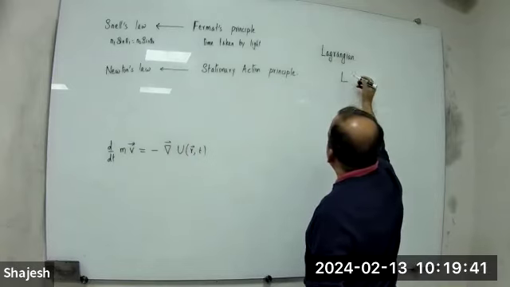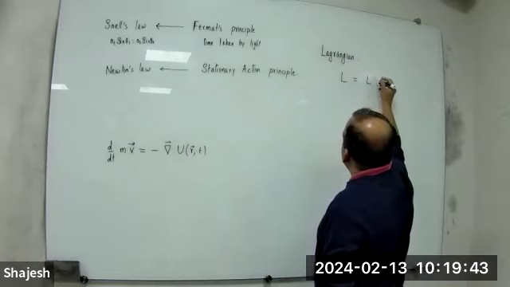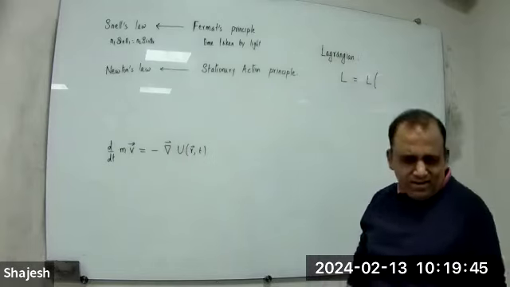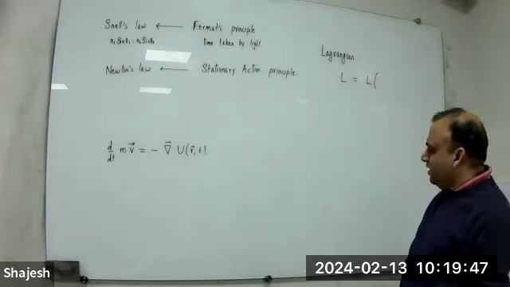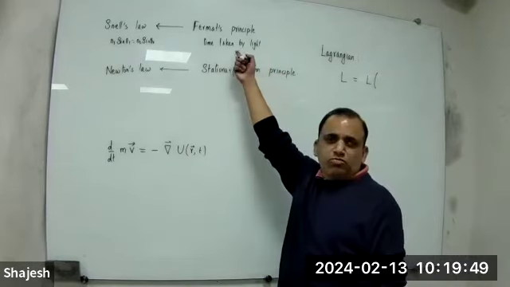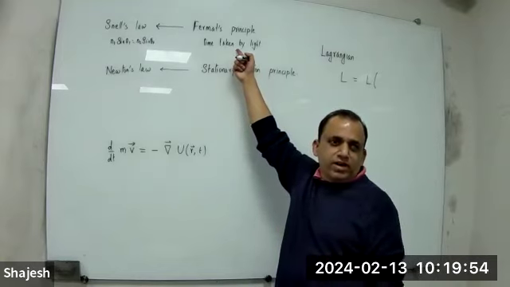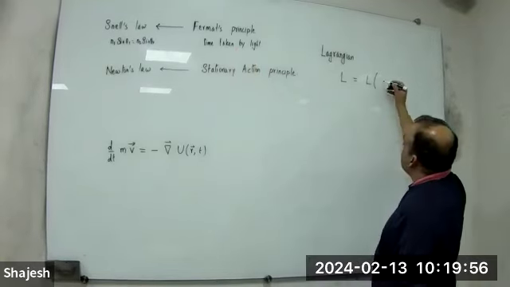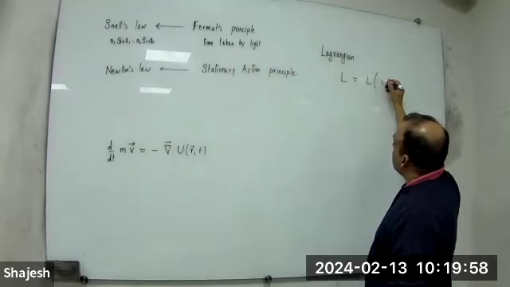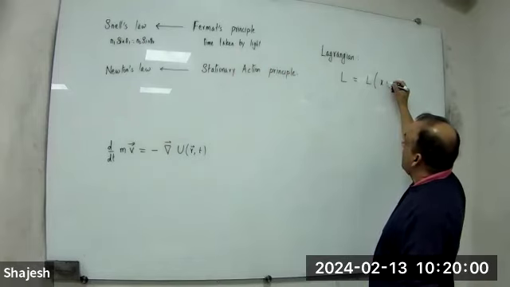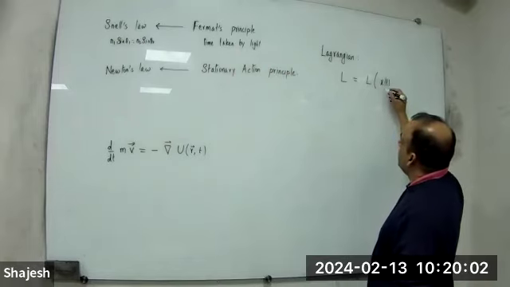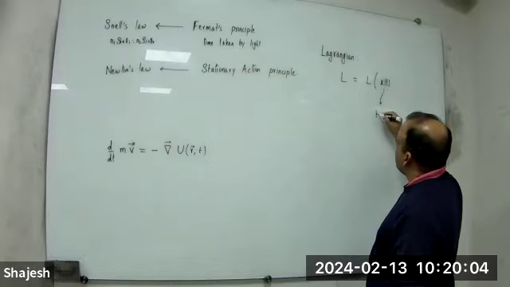Like earlier, remember in Fermat's theorem, there was position, then there was the derivative of position, and we integrated some quantity. Here, there will be a trajectory. So this is the trajectory of the particle, x as a function of time.